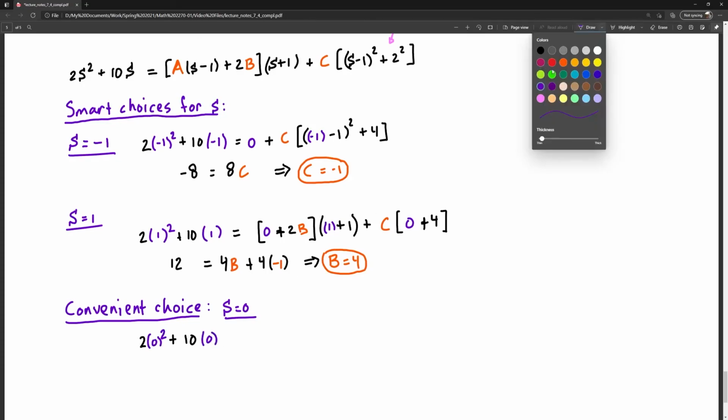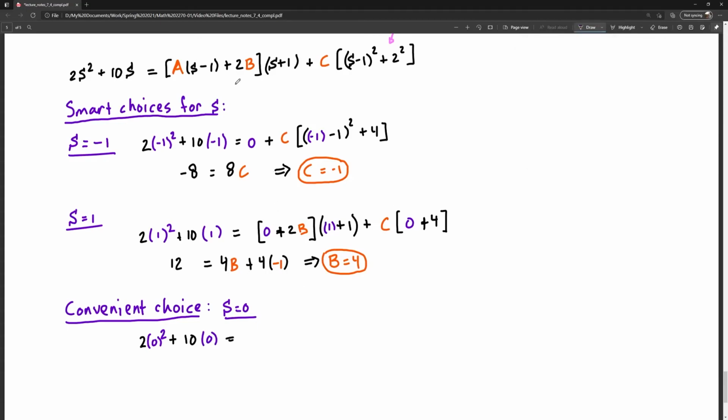And then that equals, and now let's plug in 0. I'll do this a little bit shorter. So 0 for s, that gives me -1.